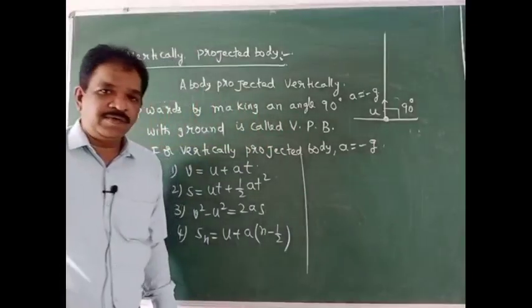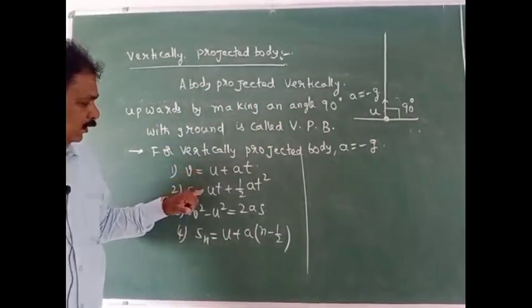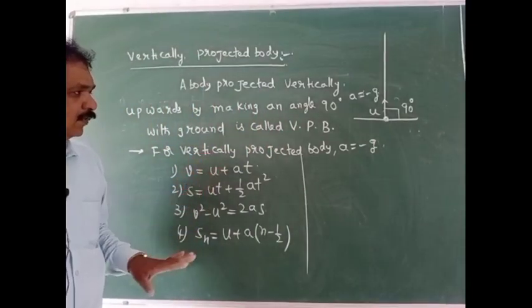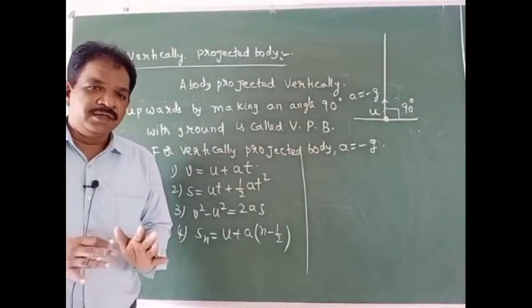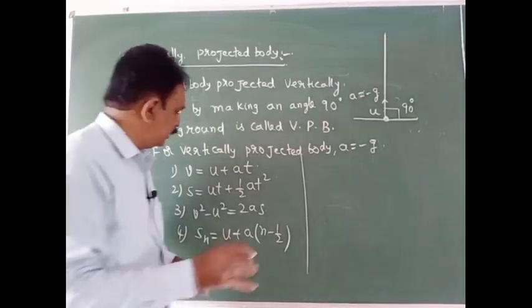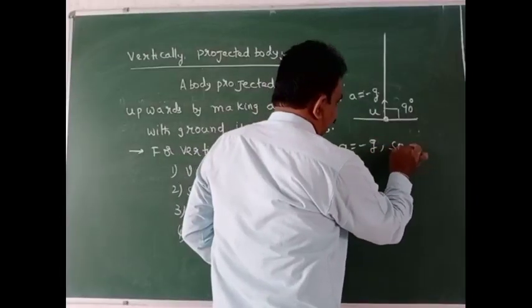These are the equations of motion. Now in these equations, you substitute A is equal to minus G, and S is equal to H.